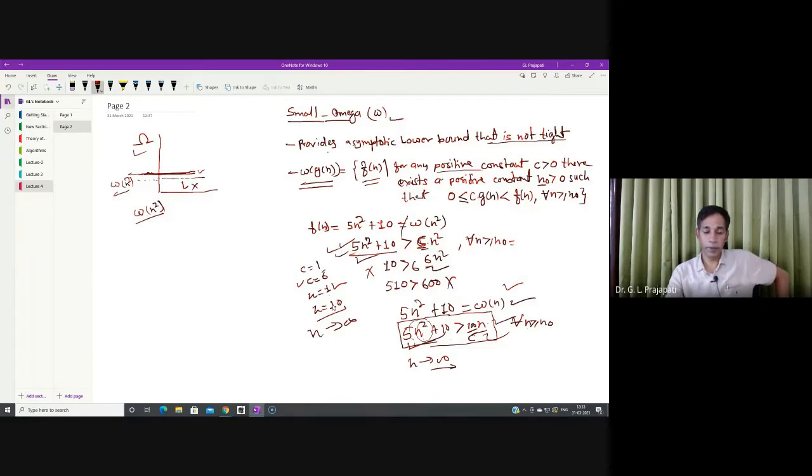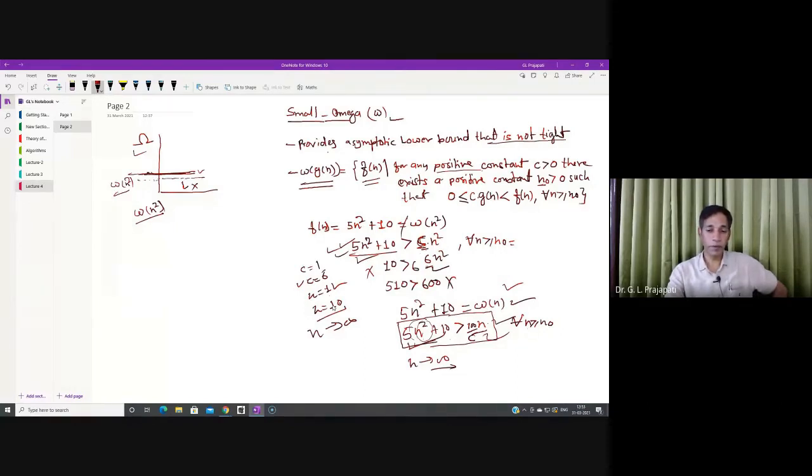Now you see, small omega notation denotes the asymptotic lower bound which is not tight, and it is clear that you are not able to denote the asymptotic bound which is tight with the help of the asymptotic small omega notation. So actually what is the tight bound?